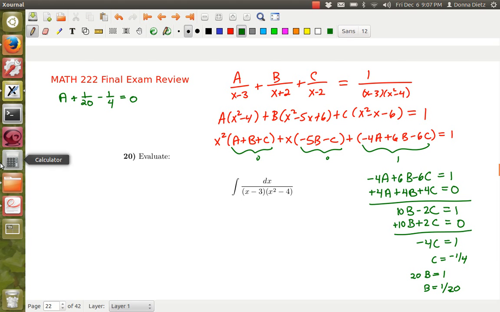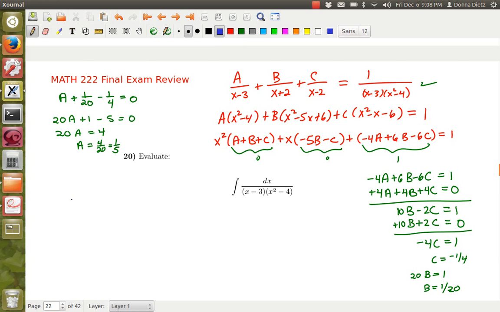We still don't like fractions any more than we did when we were at this stage. So let's multiply everything by 20. So we have 20A is equal to 4. A is equal to 4/20, which is 1/5. That was the hard part.